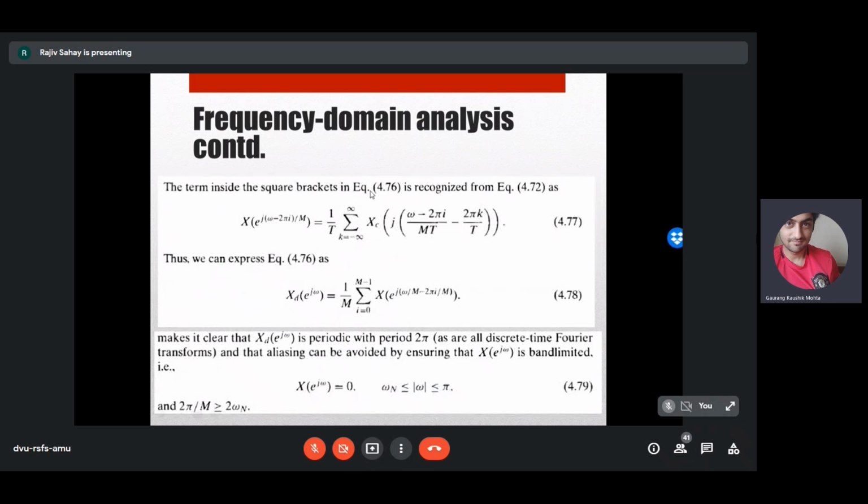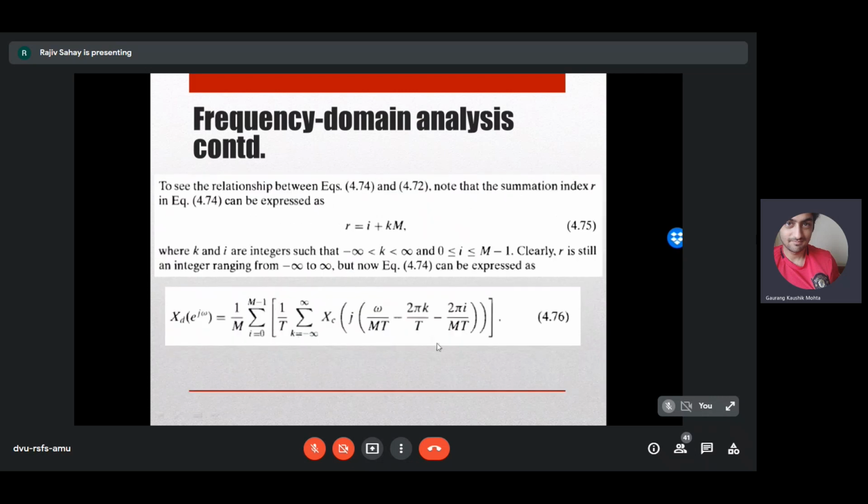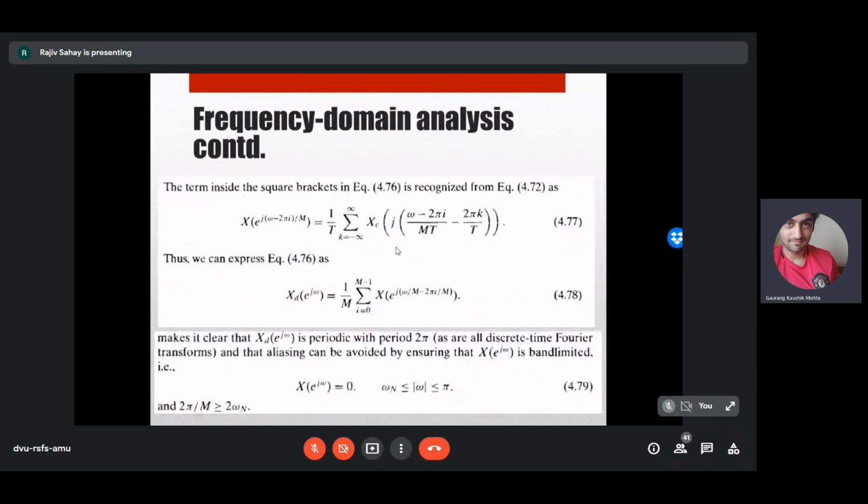So the term in the square brackets can be simplified. This part in the square brackets can be written in a simple way because this is some function that can be written as x e to the power j omega minus 2 pi I in brackets divided by m.